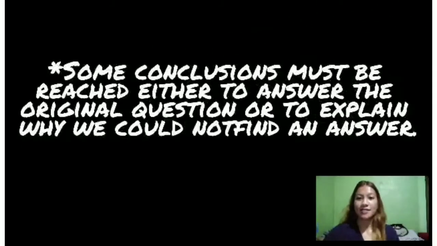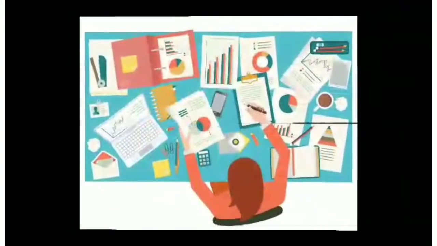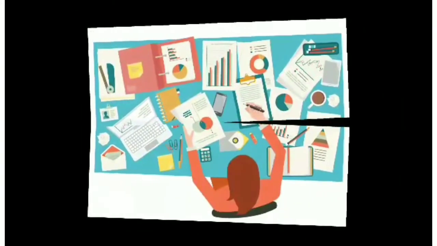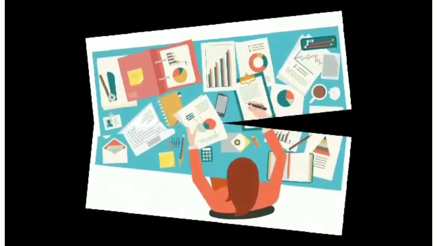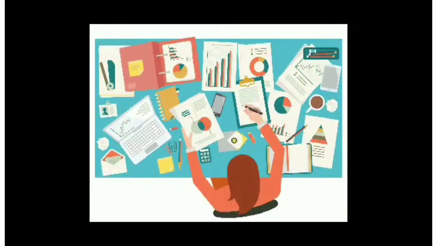And lastly, some conclusions must be reached either to answer the original questions or to explain why we could not find an answer. To use student research as a teaching strategy, you have to help the students understand and work through each of these stages so that they learn how to investigate, experiment, relate information, and draw logical conclusions.